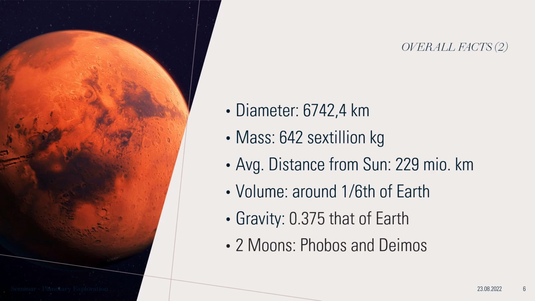Then the average distance from the Sun to Mars is 229 million kilometers. In comparison, the average distance from the Sun to Earth is 150 million kilometers, so 1 astronomical unit. And also the volume of Mars is around 1/6 of the volume of Earth.